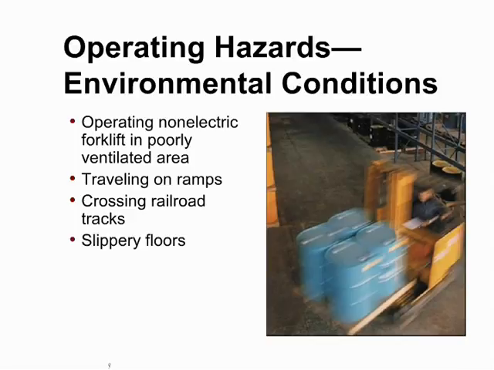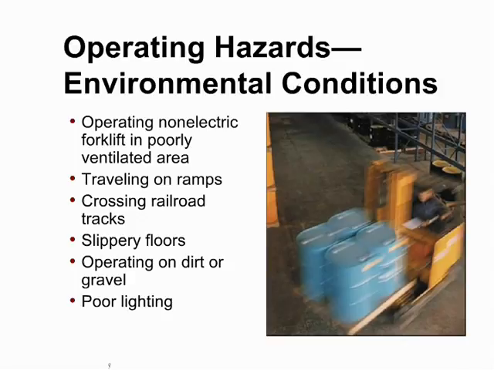Operating and braking on slippery floors. Operating on dirt and gravel. Or poor lighting. There are many other possible hazards of a particular work environment that might cause a forklift accident. These include pits or openings in the floor, congested or narrow workspaces, and the presence of flammable or combustible material.